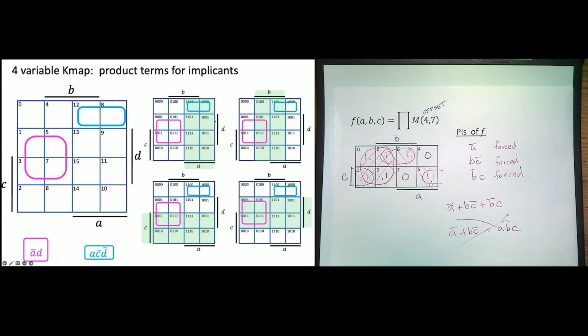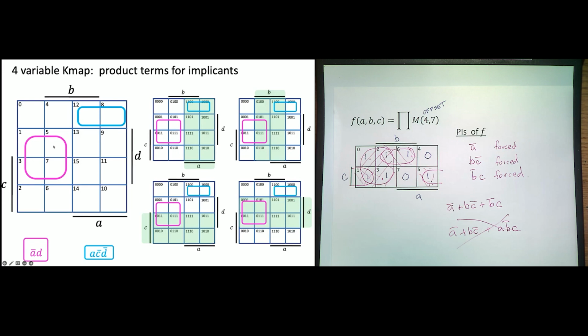Is there a reason why you started off with a 2x2? No? These are just examples. But would we still get the same result if we did like 2x1, like 1 5? But those wouldn't be prime. If this is an implicant, then 1 5 is not going to be prime.